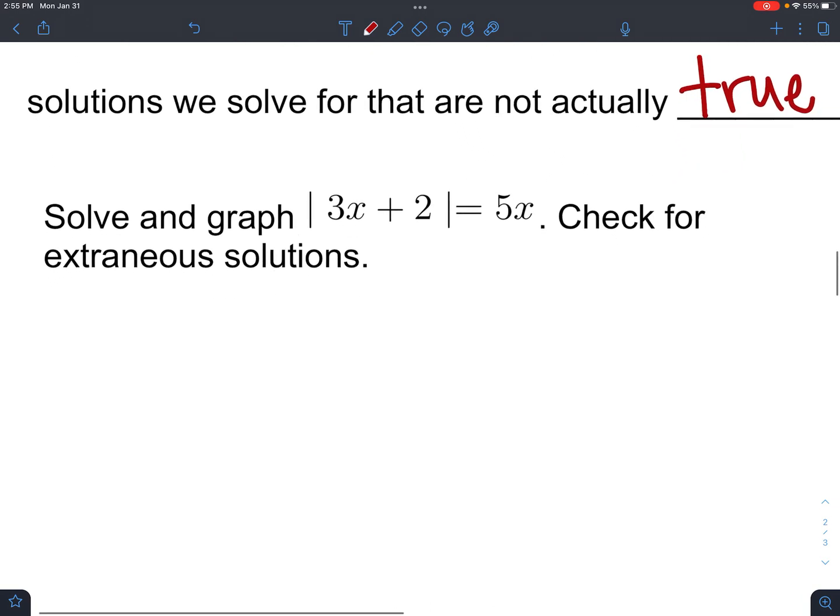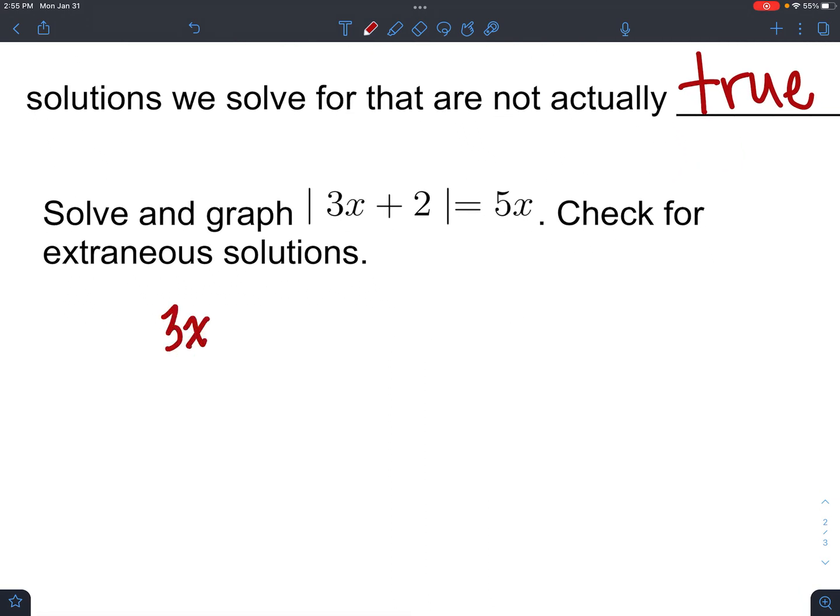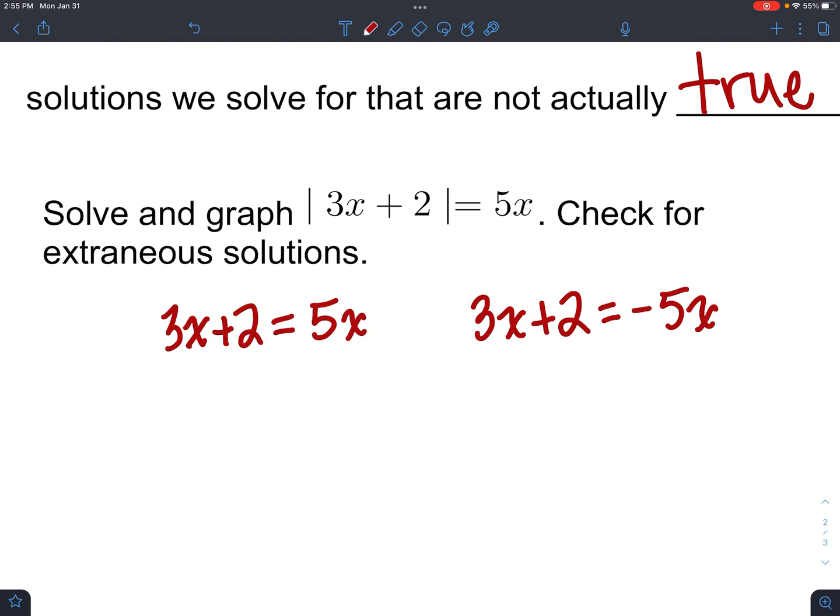So we're still going to stick with our strategy of picking the right side in a positive and a negative way, hoping that this equals this or this equals this.